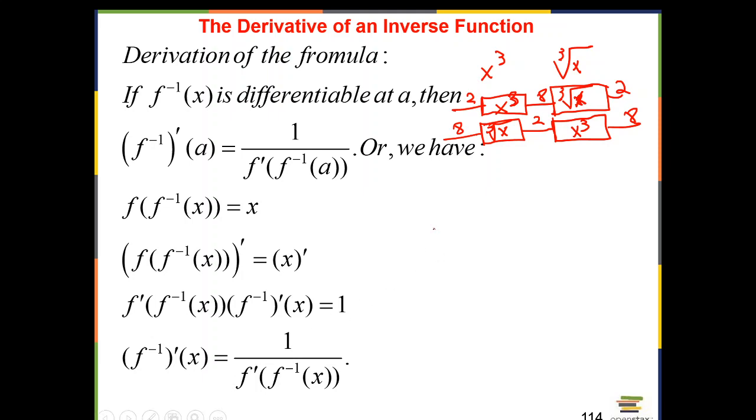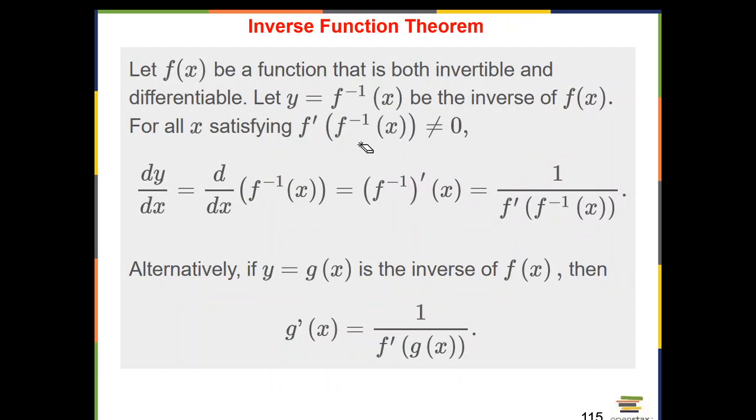So let's look at some examples. This is how it is given in textbooks, right? So basically it says that the derivative of the inverse of a function is 1 over the derivative of the function evaluated at the inverse, right?